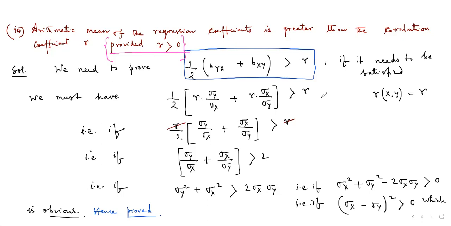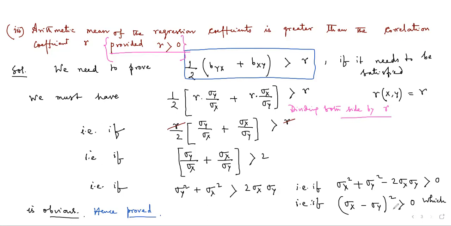Yes, while cancelling that R. Actually, we are dividing both sides by R, and the divisor must always be positive. This can only be done when R is greater than 0, and therefore this condition is there. So this condition has been applied here.